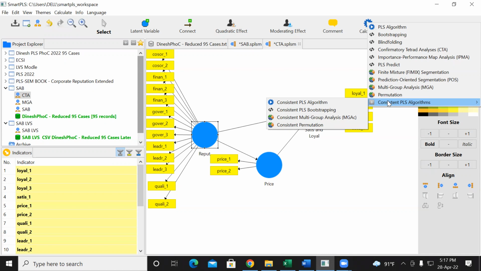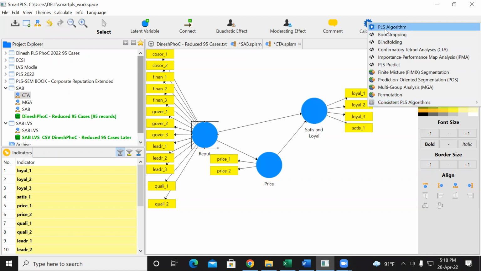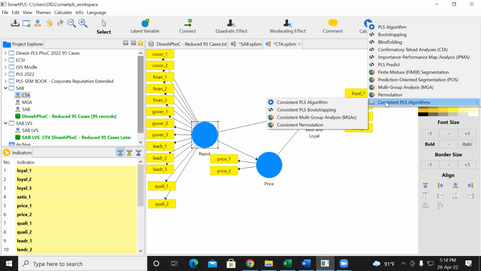If it's a mixture of formative and reflective, you can still go to consistent. But if you're having a fully formative one, you have to go to regular, remember, right? Fully formative, go to regular. But if you're having fully reflective or a mix of reflective and formative, go to consistent. That's the logic. But here I go to consistent.